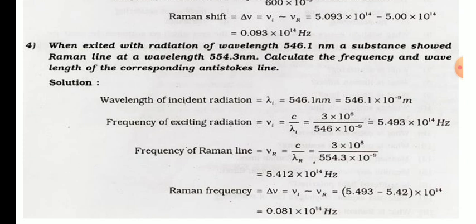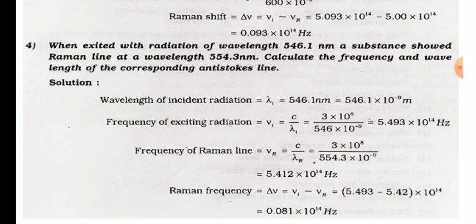The wavelength of the incident radiation is given, and from that you can calculate the frequency of the exciting radiation, which works out to be 5.493 into 10 raised to 14 hertz. The frequency of the Raman line, nu R, is C by lambda R, which works out to be 5.412 into 10 raised to 14 hertz.